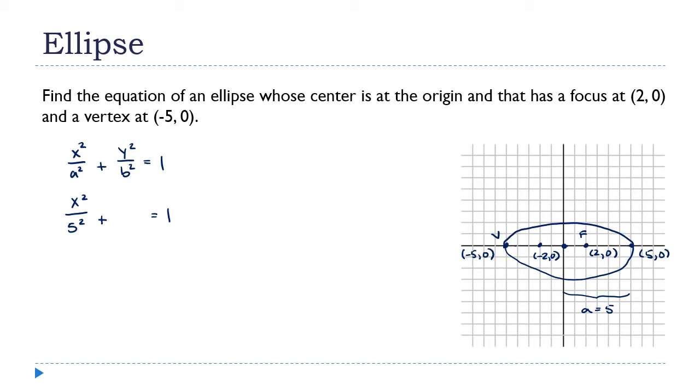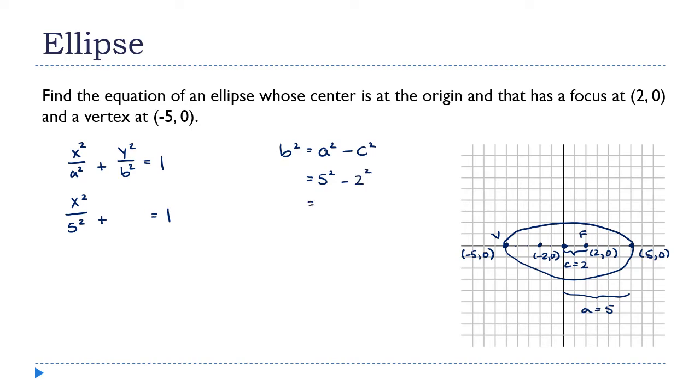Now we've got to work on b. This distance from the focal point to the center is c, so c is 2. And remember, we have our equation: b squared equals a squared minus c squared. I know a and c. a is 5 and c is 2.